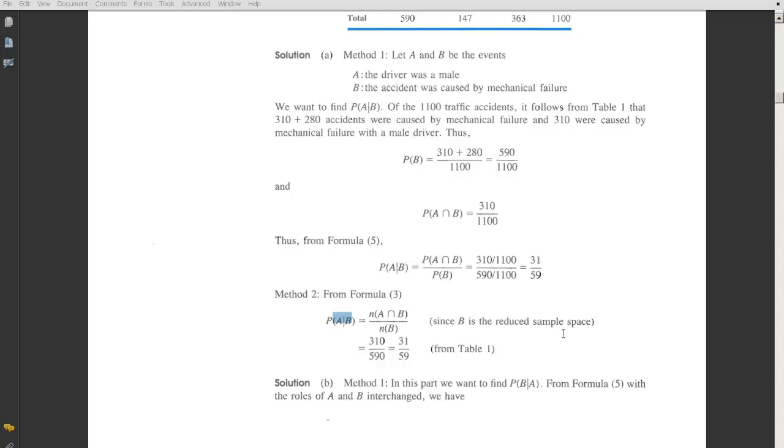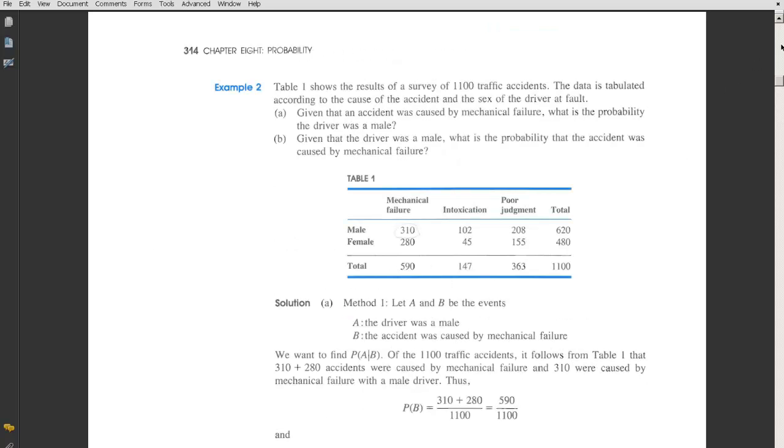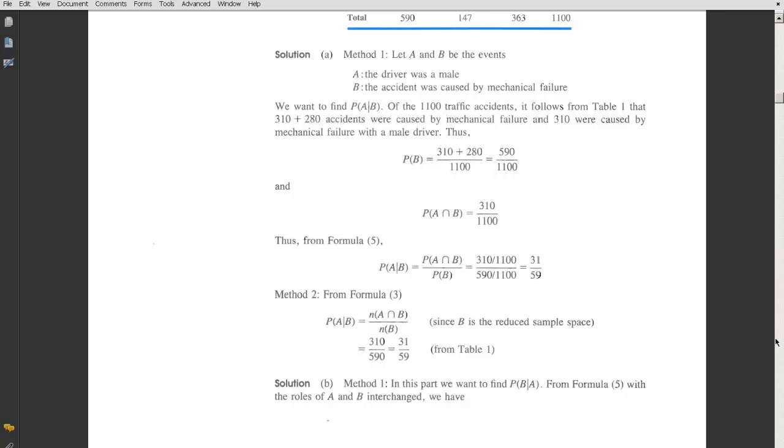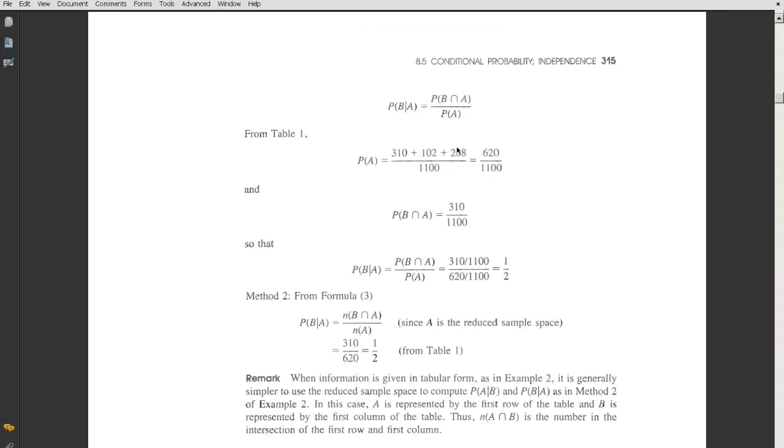So if we want B given A, we're going to want what? B given A, then this will be B intersect A, which is actually the same thing as A intersect B, so it's the same thing on the top. But on the bottom, here we're going to have A, so this on the bottom is going to be the probability of A. So we want the probability of B given A is this divided by that.